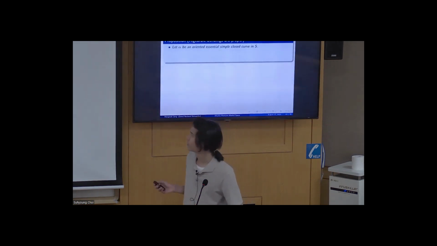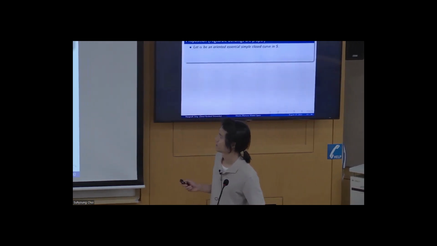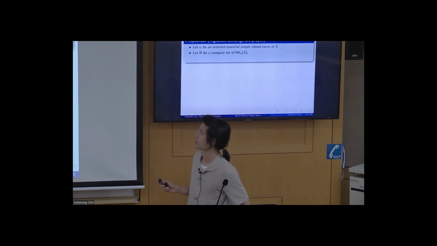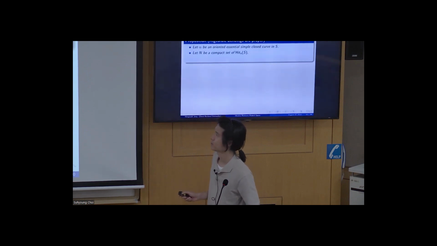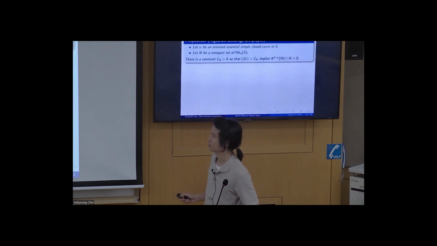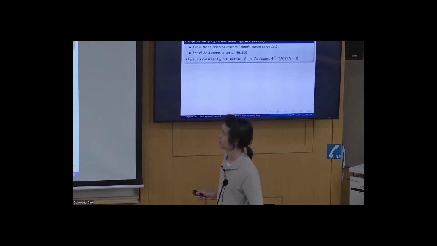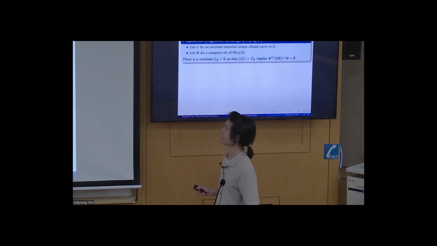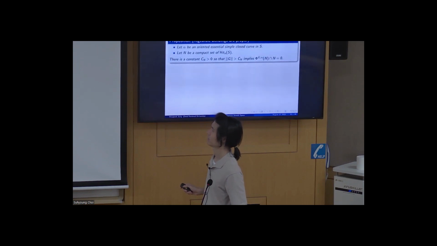So we prove, first of all, that this algebraic bending or Goldman flow is actually proper in the following sense. As usual, we pick an oriented essential simple closed curve and let n be a compact subset of our Hitchin component. Then there exists a constant C depending only on the choice of n, such that if your traceless diagonal matrix is big enough, has a norm bigger than C_n, then it moves our set n far enough so that this intersection is empty.